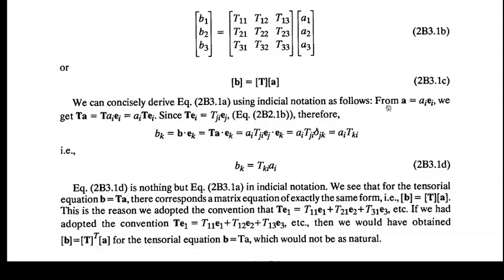Now what you have to do, you have to take the transformation, that you will apply the transformation. This is TA, which is actually B, and TA equals T of Ai ei, and as Ai are scalars, we can write this as Ai T ei. Now, we can write instead of T ei equal to Tji ej, if you remember that T ei equals Tji ej.